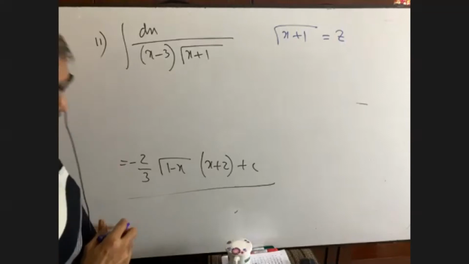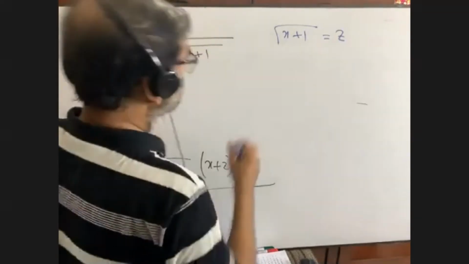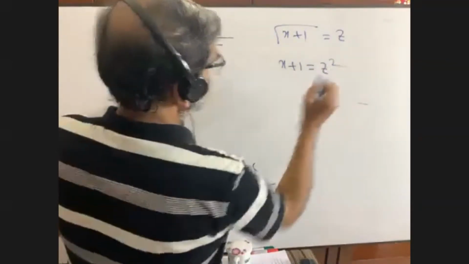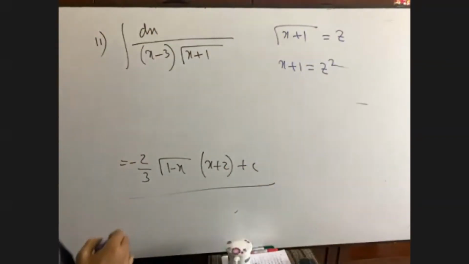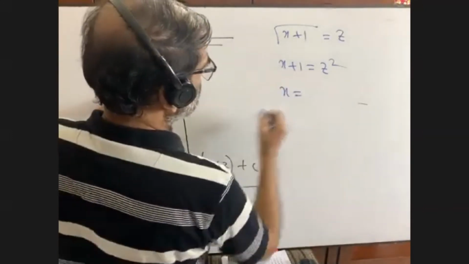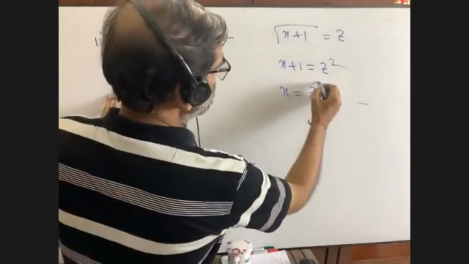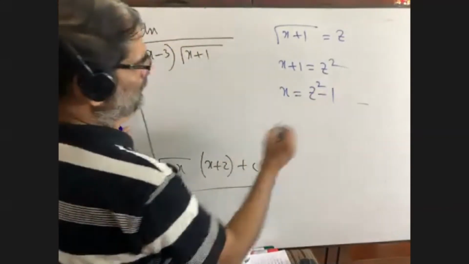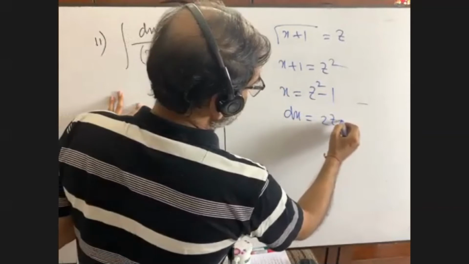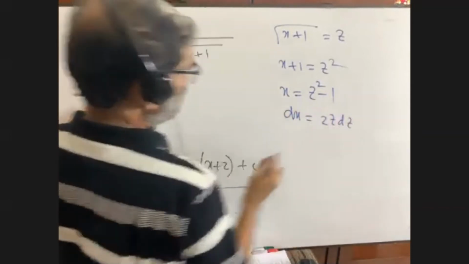Is it okay? Then you have to write down x plus 1 equals to what? z square. Very good. x equals to what? z square minus 1. So dx equals to what? 2z dz. Is it okay?